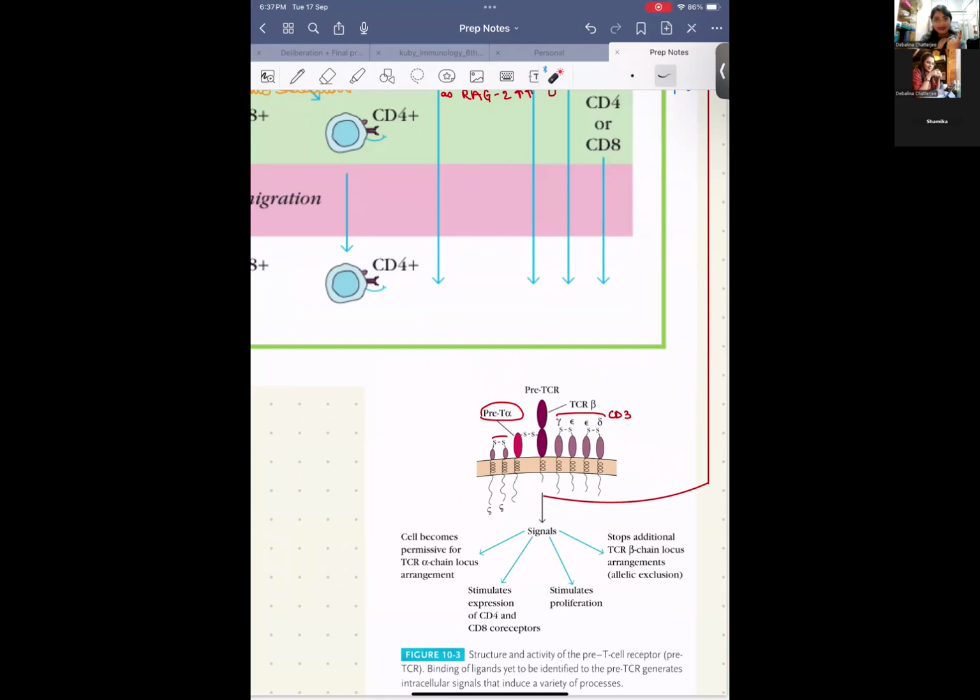So one thing, the cell enters into proliferation once again, and it will not undergo further recombination events for the beta chain. This also stimulates the expression of CD4 and CD8 co-receptors, and along with that, it gives permission for your TCR alpha chain to now get a chance to undergo recombination.